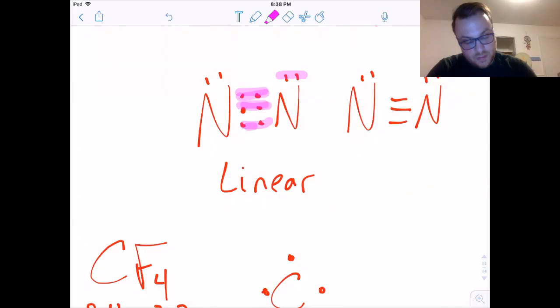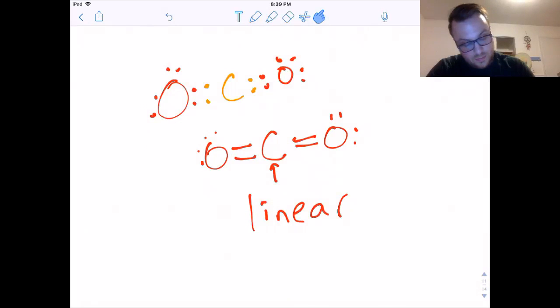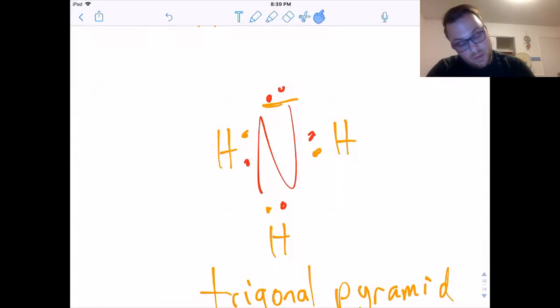Ammonia. This brings up a great point. Hydrogen is happy with 2 valence electrons. And each hydrogen in this formula has 2 valence electrons. So that's 8. Hydrogen's happy with 2.